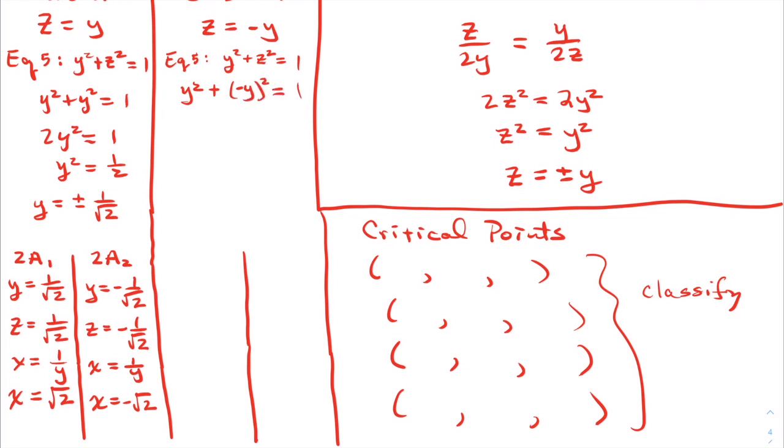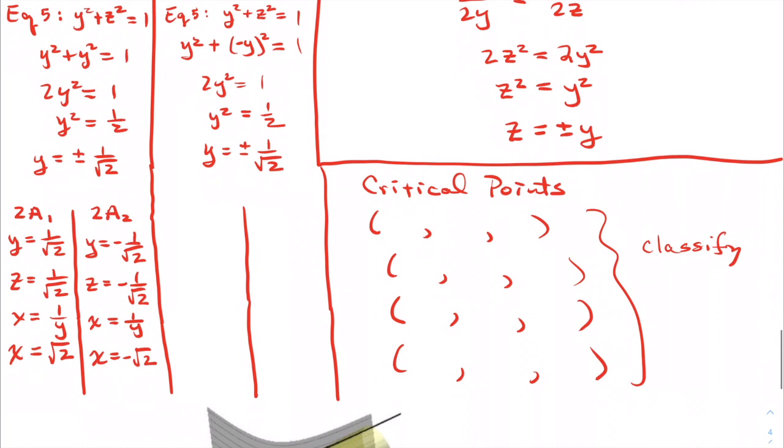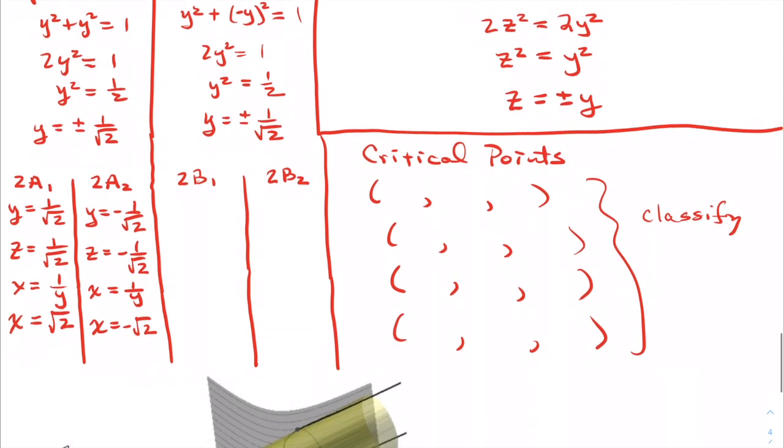Now it's the same as case 2a, so 2y squared is 1, y squared is a half, so y is plus or minus 1 over the square root of 2, and we're going to have a case 2b1 and a 2b2, like that. So in 2b1, y is 1 over the square root of 2, and in 2b2, y is negative 1 over the square root of 2.